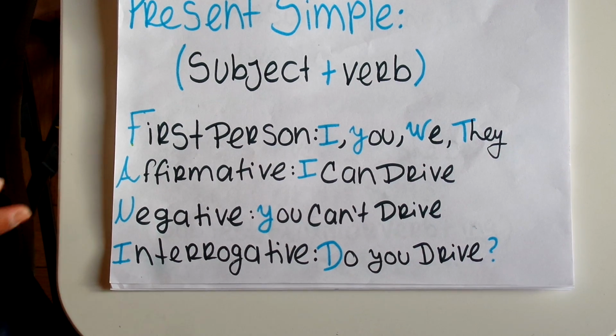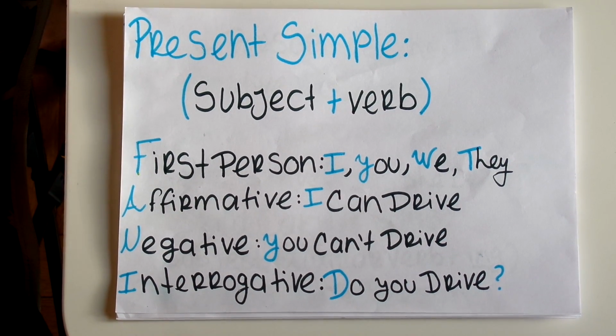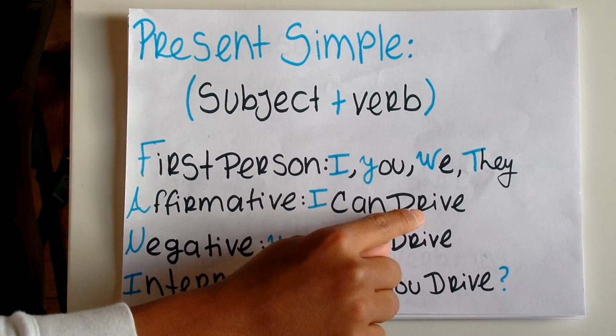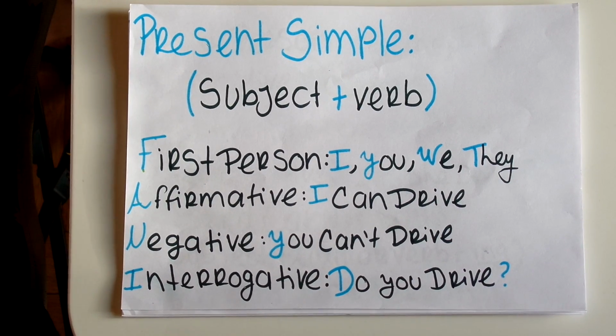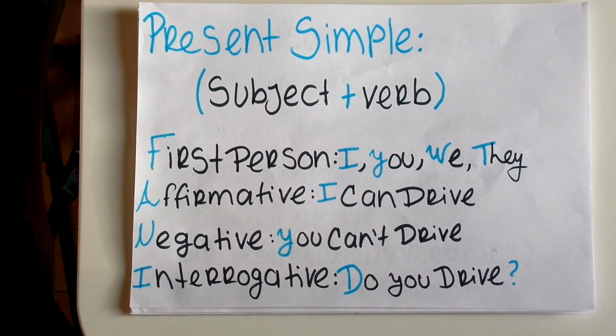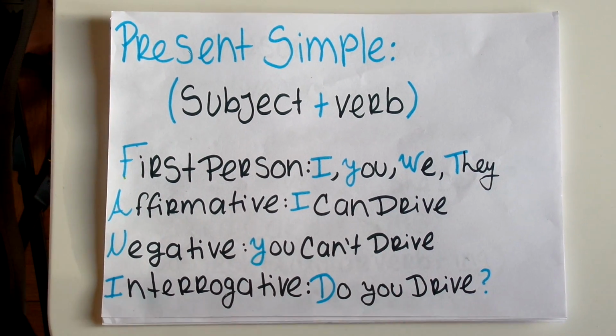The first case is affirmative. I drive, having a subject of I and a verb of drive. In a negative way will be, you can't drive, having a subject of you and a verb of drive.